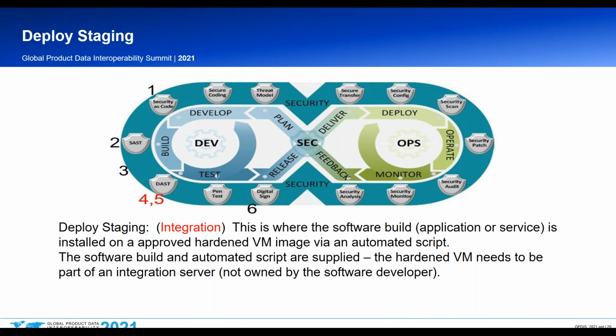So now moving to the integration stage, this is where it gets a little bit closer to operations. And now the development team is no longer in control of that hardened operating system.